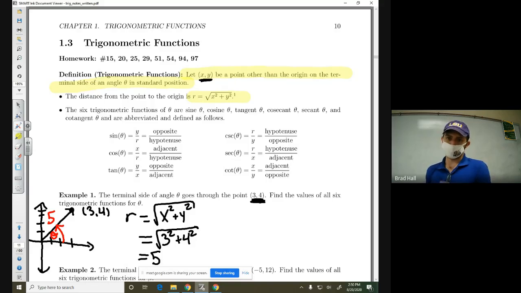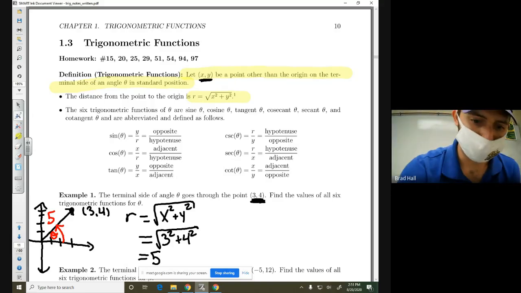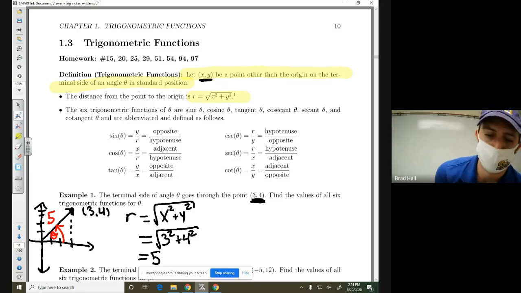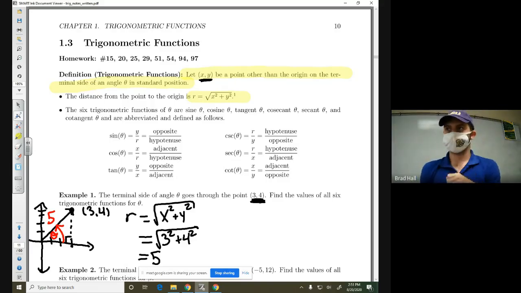That's a fancy way of saying, with this graph, that point we just drew, the (3, 4), when we triangulate this, we form a triangle by taking the point straight down and forcing a right triangle. We drop the point straight down to the x-axis, and we do that so we can form a right triangle.